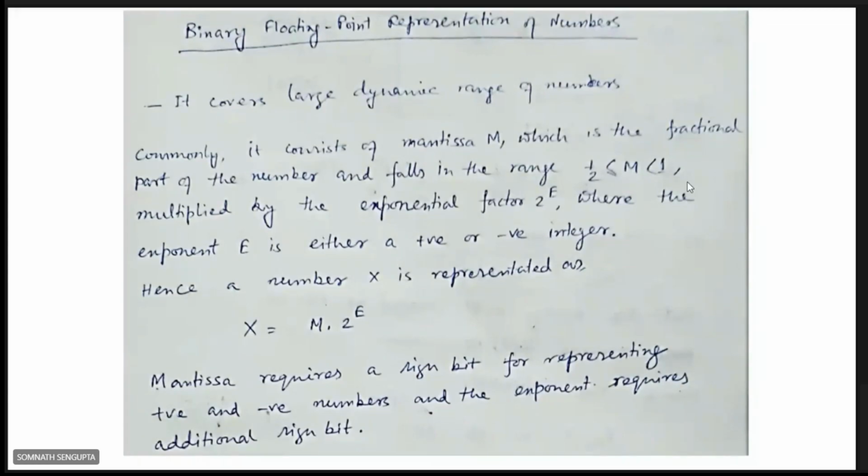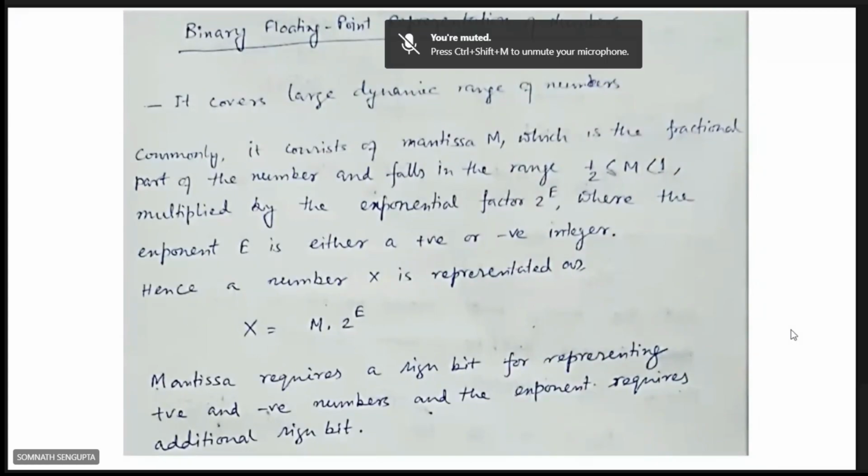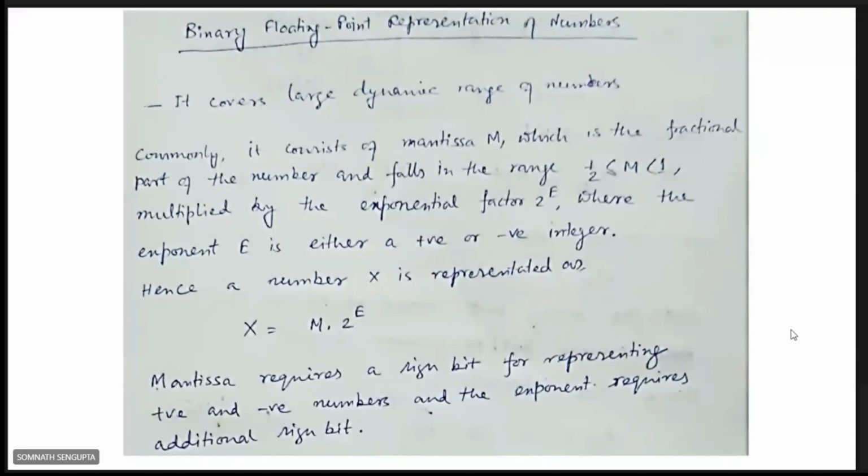Then there is another part, the exponent part, that is 2 to the power e. That tells you where the binary point should be present.